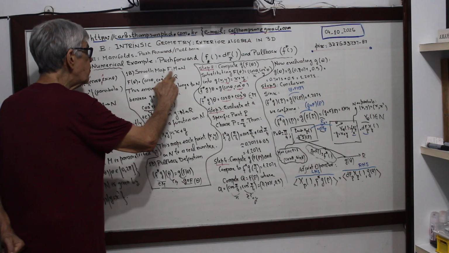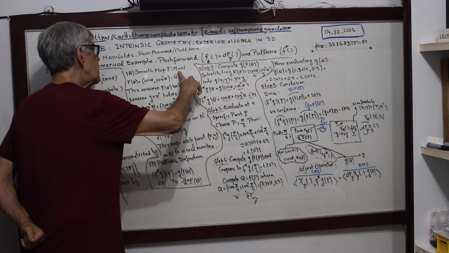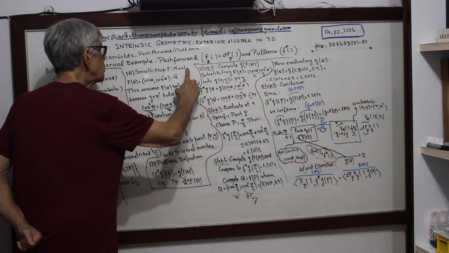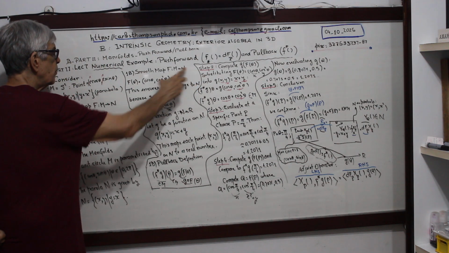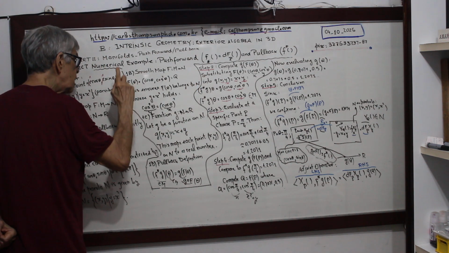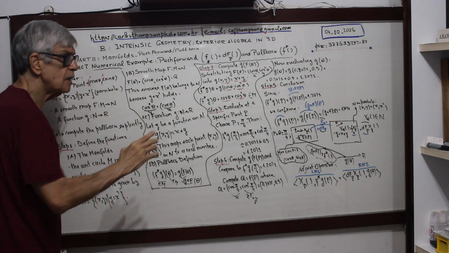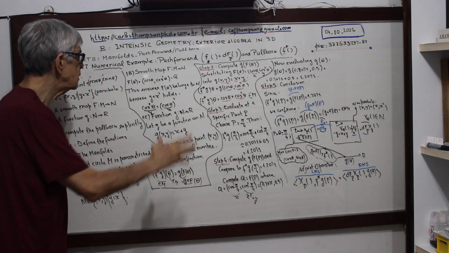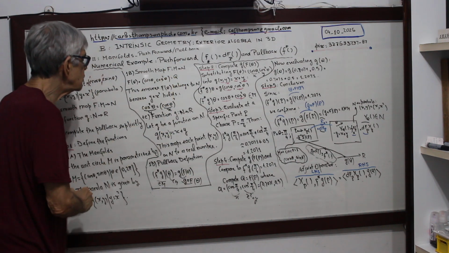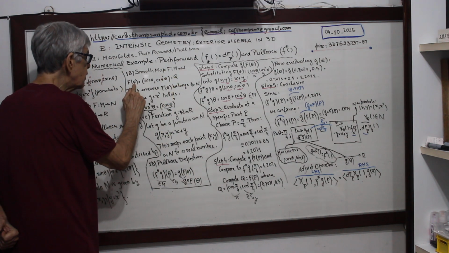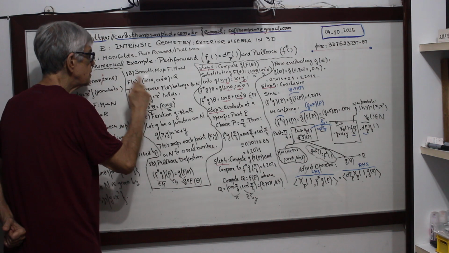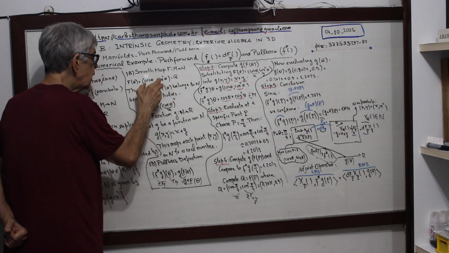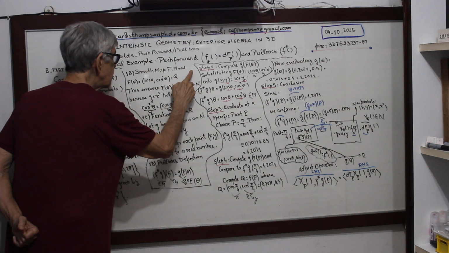Smooth map, F maps points on the manifold M to points on the manifold N. F of theta, again, theta is the independent variable belonging to the manifold M. You see? So F of theta maps points on M to points on N.